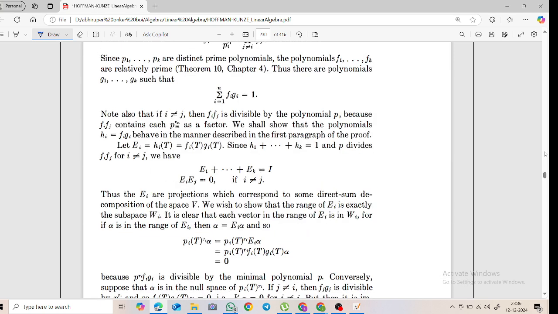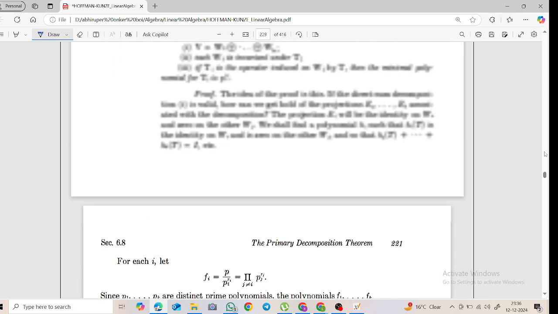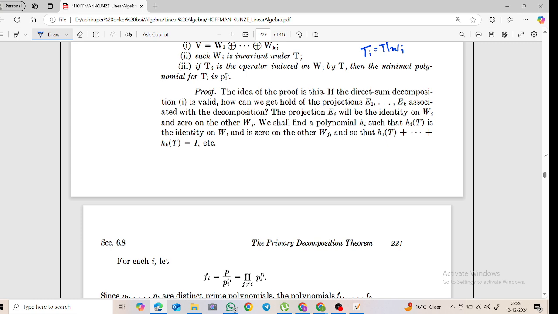I think the statement of this theorem is enough, but okay, let's go through the proof anyway. If the direct sum decomposition is valid, how can we get hold of the projections E1 to Ek associated with the primary decomposition? We are trying to find Ei such that the range of Ei is Wi.